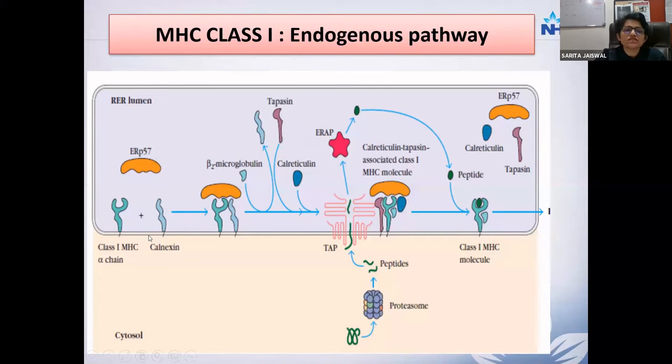When the class 1 MHC molecule has to process endogenous peptide, it combines with calnexin and ERp57, a bunch of chaperones. Calnexin behaves just like a mother who has to make class 1 ready with the peptide binding site. They form a complex, and calnexin remains there till beta 2 microglobulin binds with them.